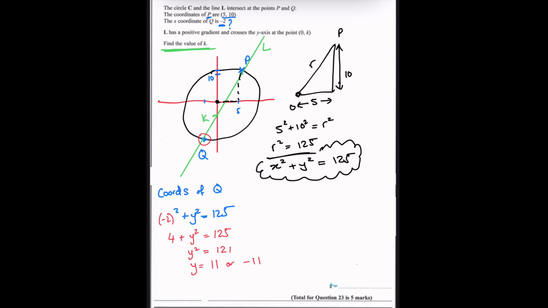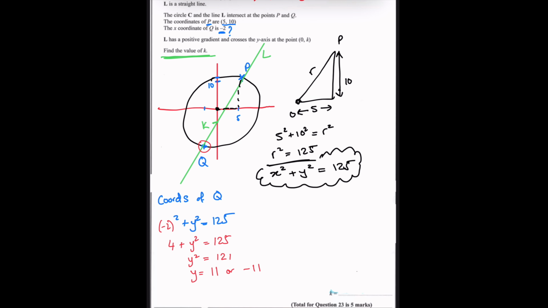We have to take the -11 as the value. Okay. So it must be this for L to have a positive gradient. Okay. The devil is in the detail on this question.